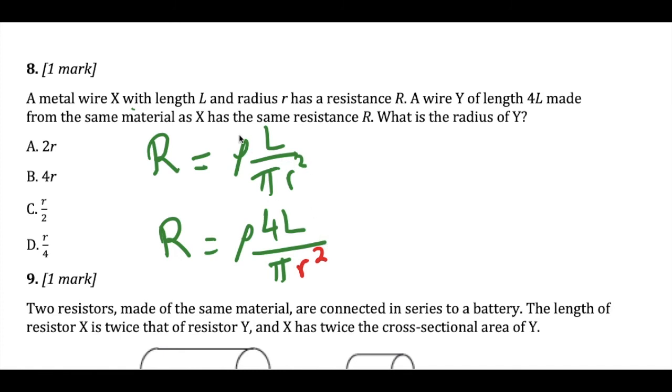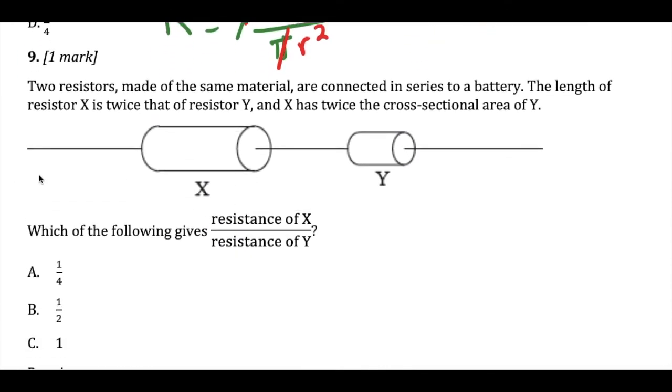Since these are equal, let's cancel the common things, and 1 over r squared, 4 over new r squared is going to be 1 over r squared. When you rearrange this, you will get this red r. Well, you can cross multiply and take the square root, and you will see that 2r is going to satisfy.